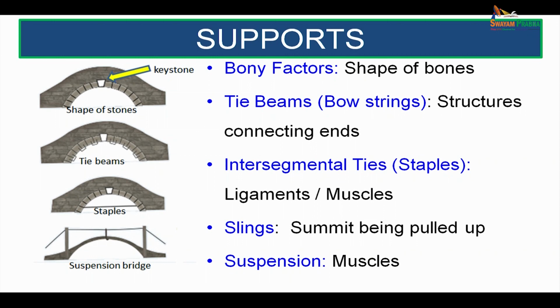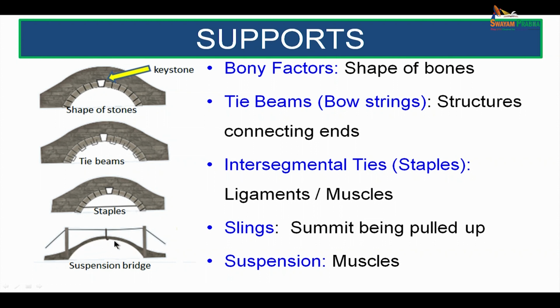Similar to what we have in the bridge, the arch also can be compared to have bony factors, that is the shape of the bones which maintain the arch, or in other words, the composition of the arch, the way it is built. Then there are the tie beams or the bowstrings, the structures that will be holding the arch from end to end, and the intersegmental ties or the staples, which will be holding the adjacent structures.